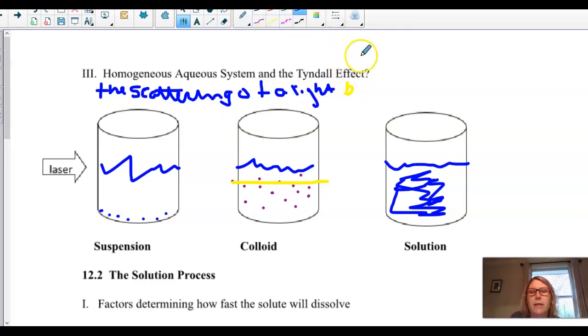Better go back to blue ink. Let's get my pens together. Let's see. Light beam as it passes through a colloid.